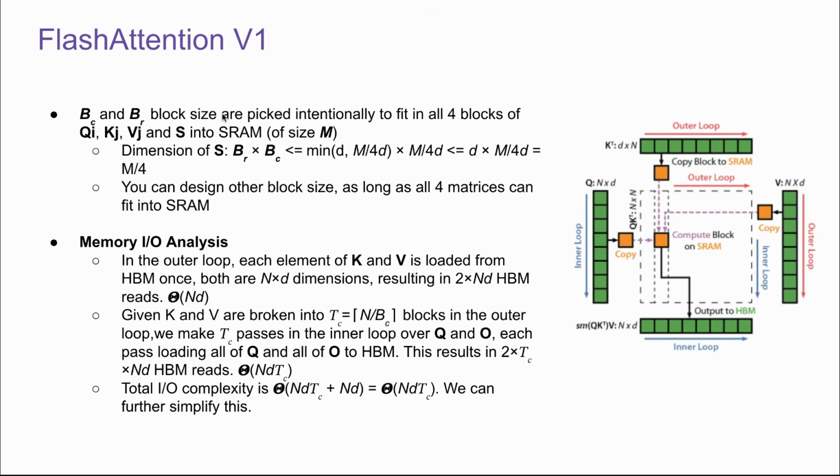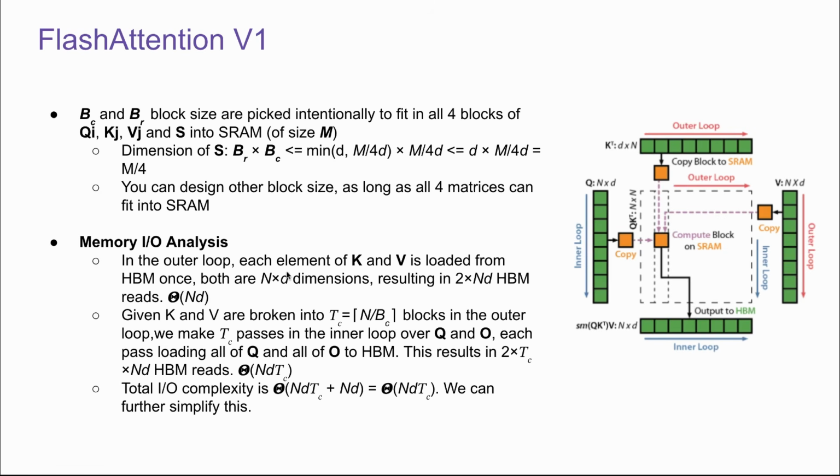So if we put those into this formula, BR by BC is smaller or equal to M over 4, which means we strictly control the size of S, so it won't exceed 25% of the total SRAM size. You can design other block size algorithms as long as they make sure all 4 matrices can fit into the SRAM. Now let's take a look at the memory I/O analysis for FlashAttention.